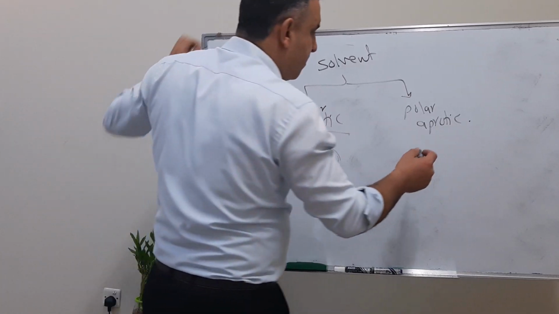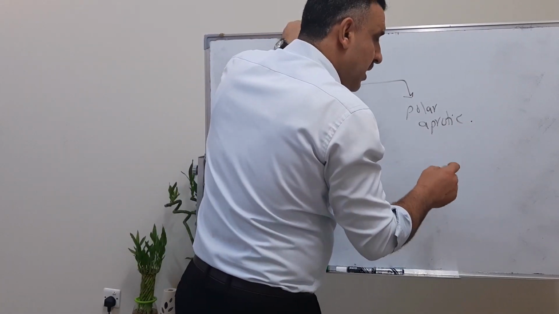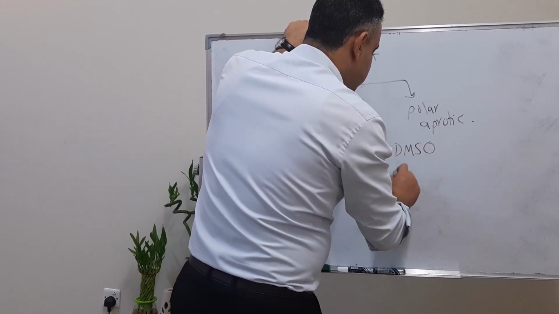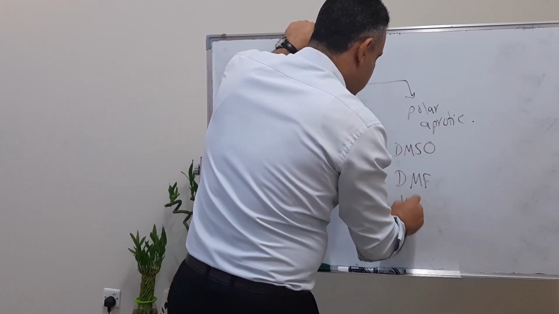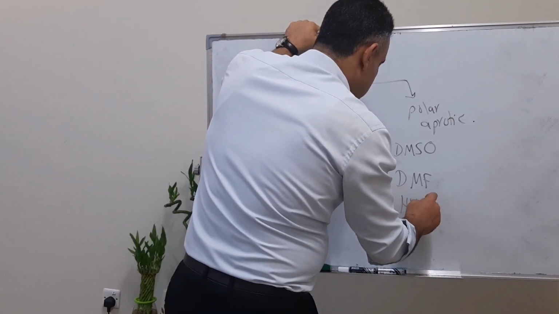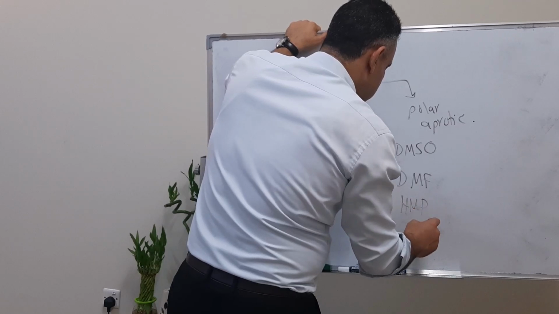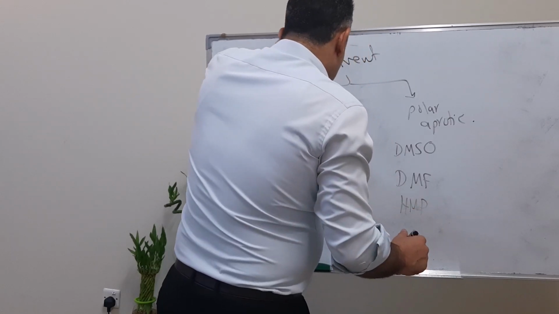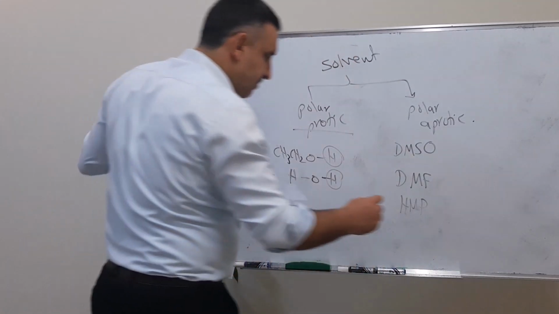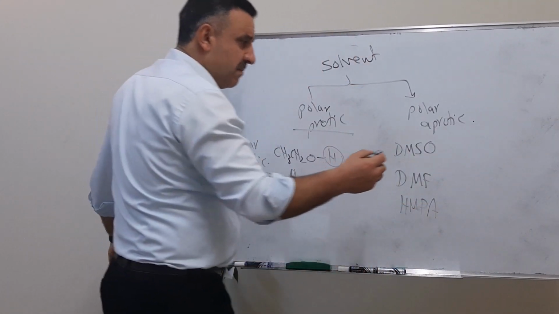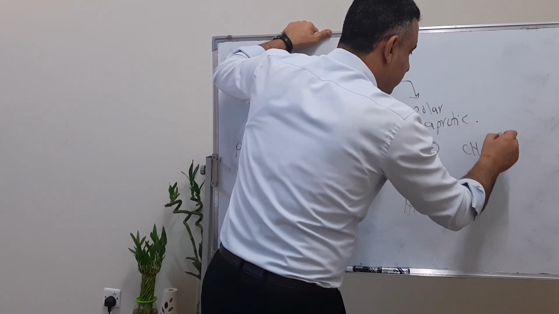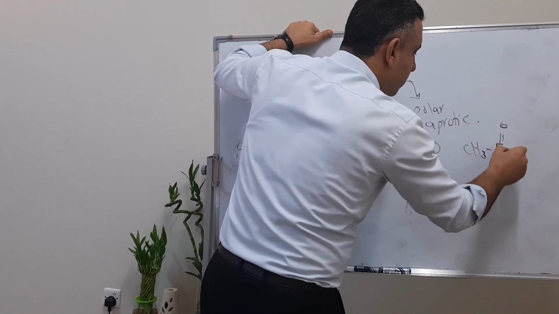Now, with polar aprotic, there are a few examples. One of them is DMSO, and DMF, and HMPA. DMSO is CH3, S double bond O, CH3.